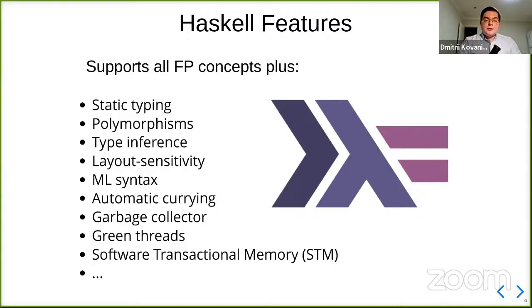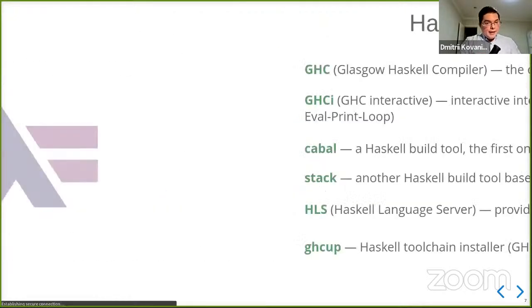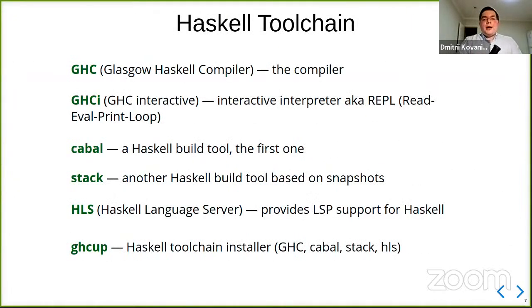And also Haskell has software transactional memory, which is a neat concept when you want to have atomic operations. So Haskell pushes functional programming on concurrency, and all the functional programming concepts are really important in concurrent programming. So before we talk about Haskell itself, let's talk about the Haskell toolchain.